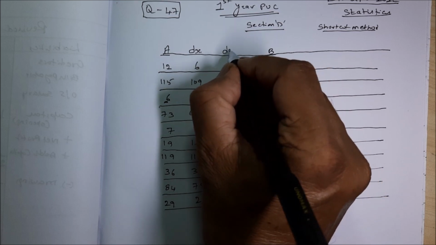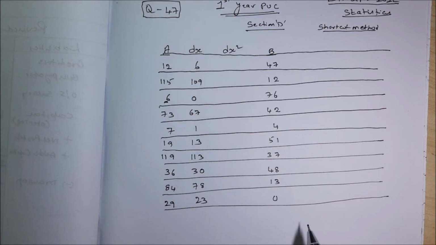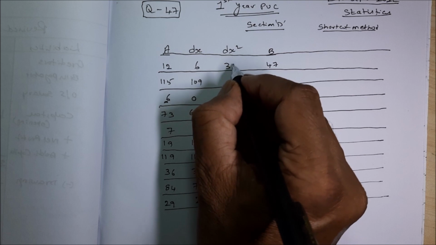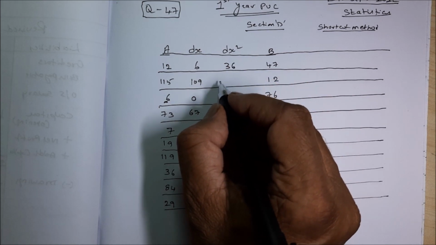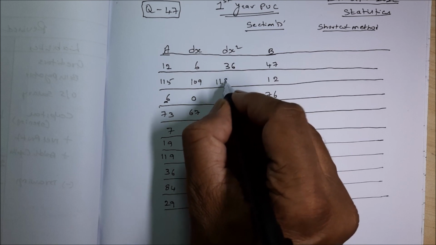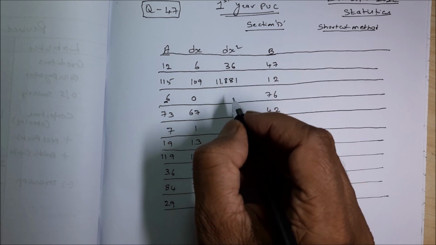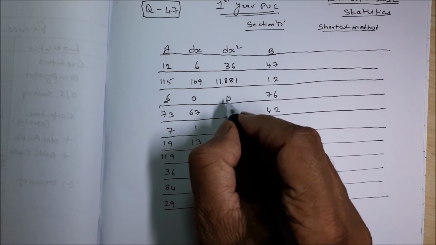Then just square it. 6 into 6 is 36. 109 into 109 is 11,881. Then 0 into 0 is 0.